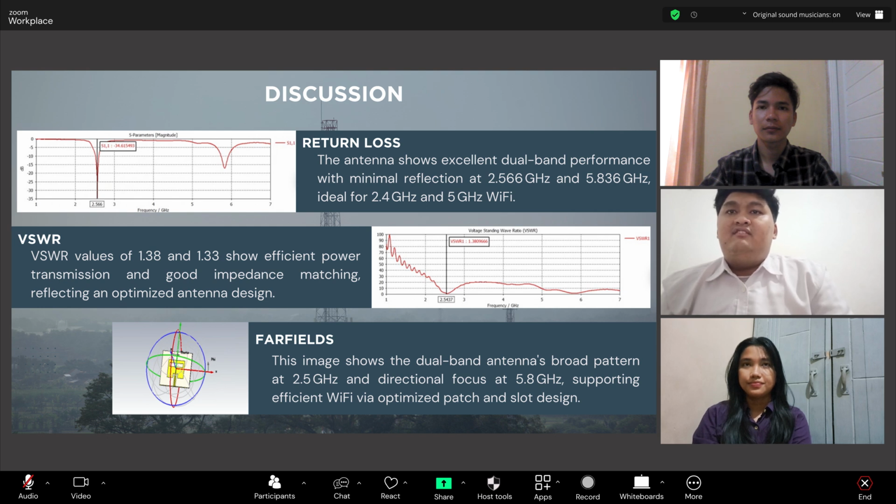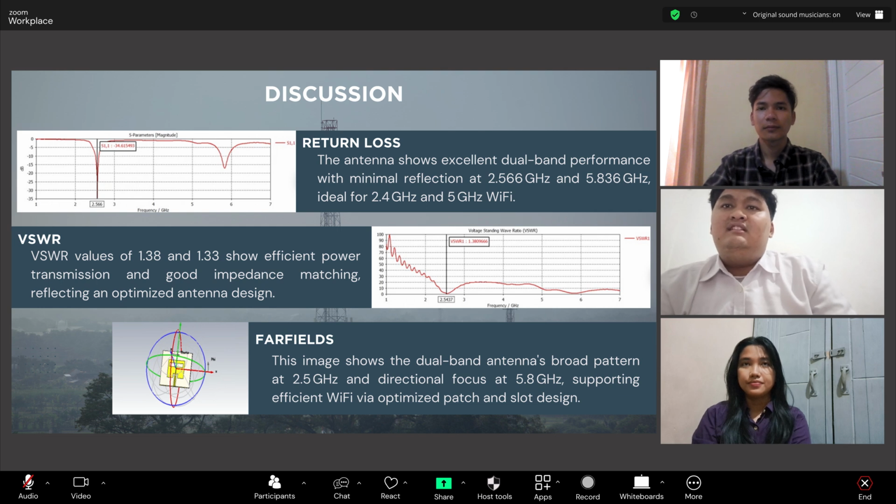This shows great impedance matching, allowing power to be transmitted efficiently with very little reflection. This low VSWR is proof that the antenna design is well optimized in terms of patch size, substrate material, and feeding methods.